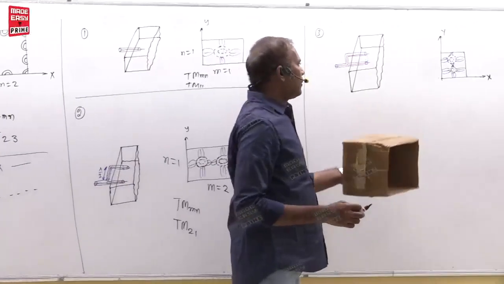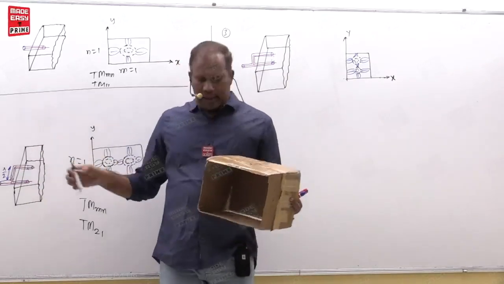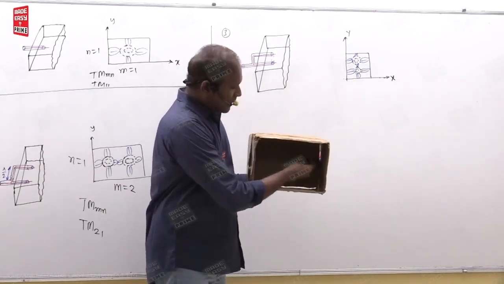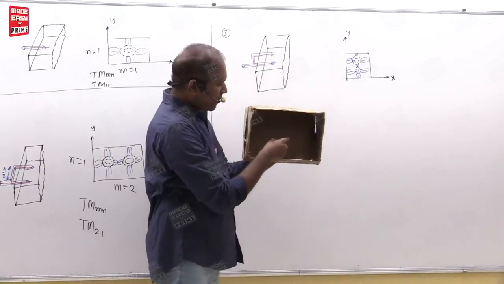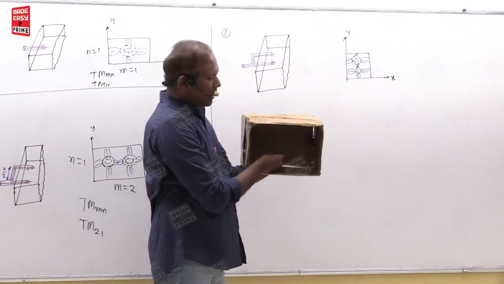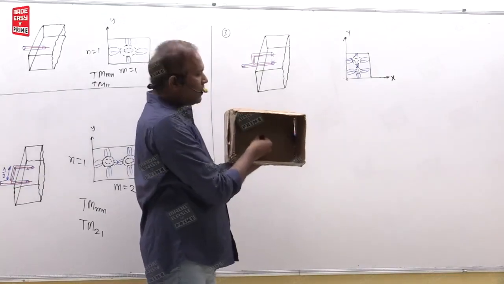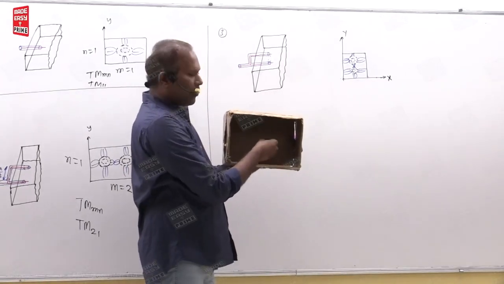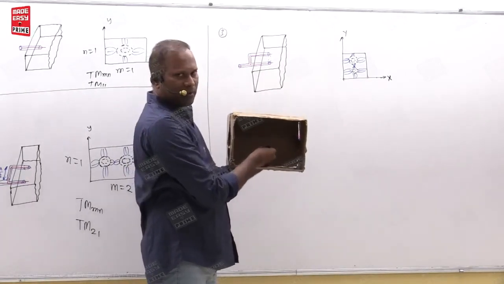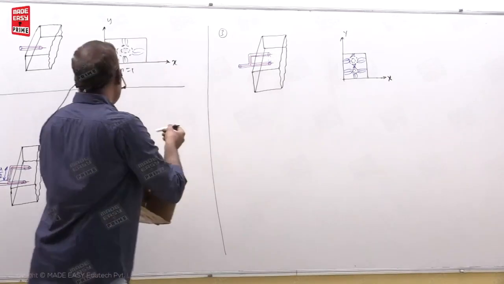Here if you see this one, in this case the probes are side by side, but in the other case they are bottom and top, 1 upon 1. This is one probe, this is the second one, but here they are side by side.